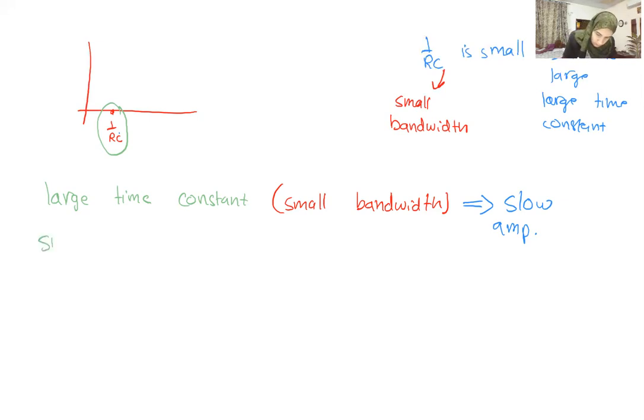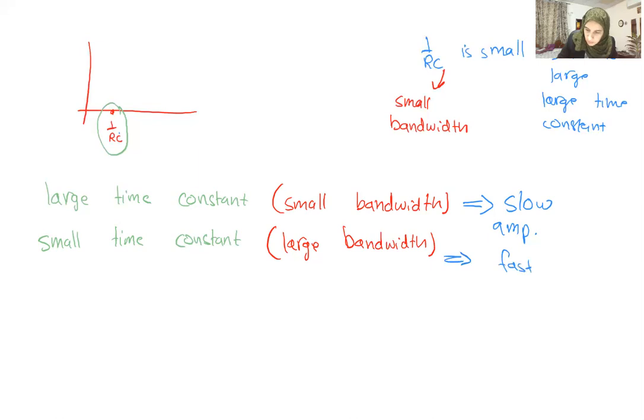So small time constant means large bandwidth. It will lead to a fast amplifier. Okay, so we need to keep these things in our mind when we design the amplifiers.